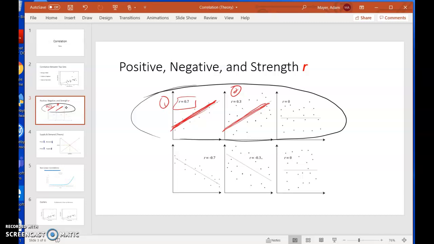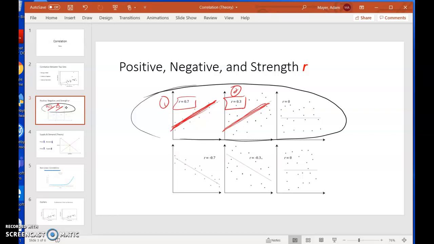The closer R is to 1 for a positive correlation, the tighter and stronger the correlation will be. If R equals 1, it's a perfect linear correlation, which rarely happens in the real world. Whereas in number 2, you can see that R, the correlation coefficient, is 0.3. That's further away from the number 1, right? We want R, if it's positive, to be close to 1 for a strong correlation.